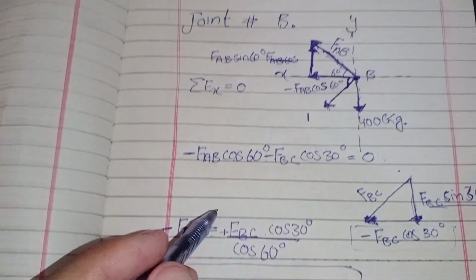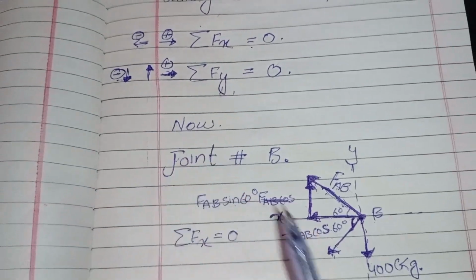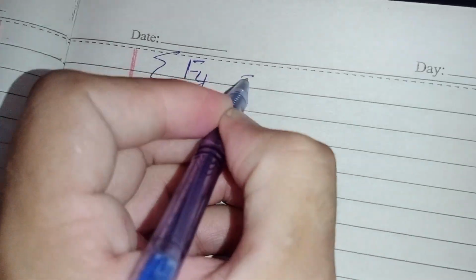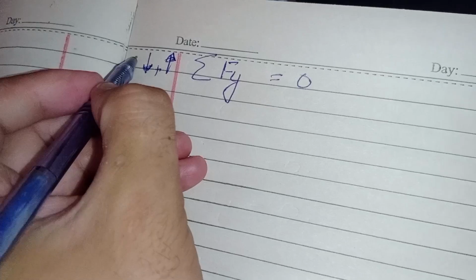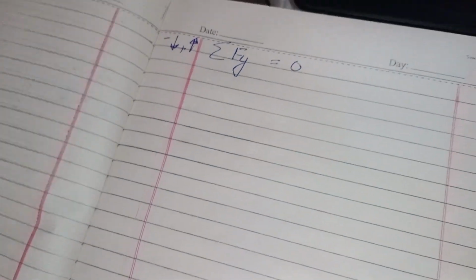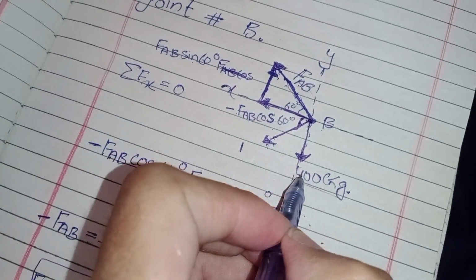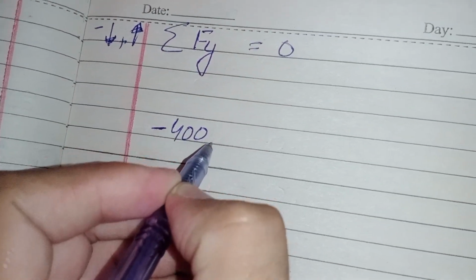So let's set up the equilibrium equation in y direction. Okay, so summation of all forces in y direction equal to 0, up will be positive, down directed will be negative. So we will take this force 400 kgs down, negative 400 kgs.